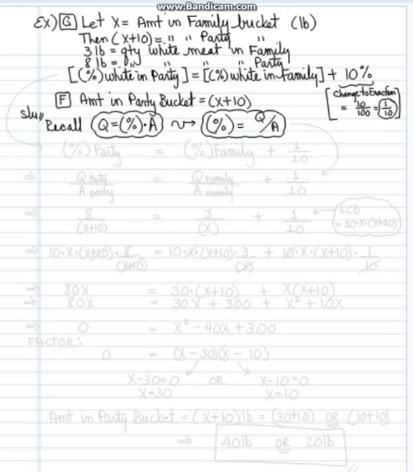Okay, now we're going to bring this down here. The percentage of white meat in the party bucket is equal to the percentage in the family bucket, and then it's plus 10%, but we change that to a fraction, 1/10.